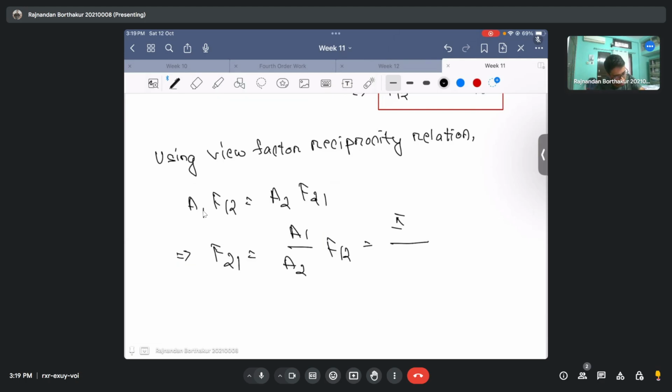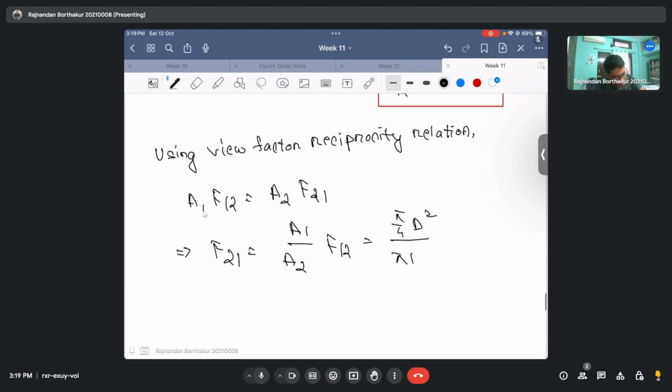So it is just pi by 4 d squared. Okay, that's A1, and A2 is pi dl. And L is of course equal to d, so it just becomes pi d squared.